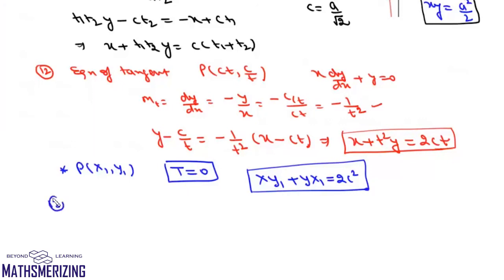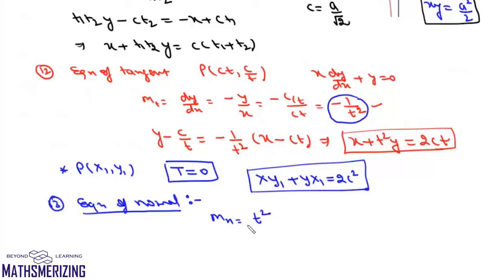Next we'll write the equation of normal. Now the slope of tangent is minus 1 upon t square. Then the slope of normal will be simply t square. Again we have a point and slope. We can write this equation as y minus c upon t equals t square into x minus c into t.